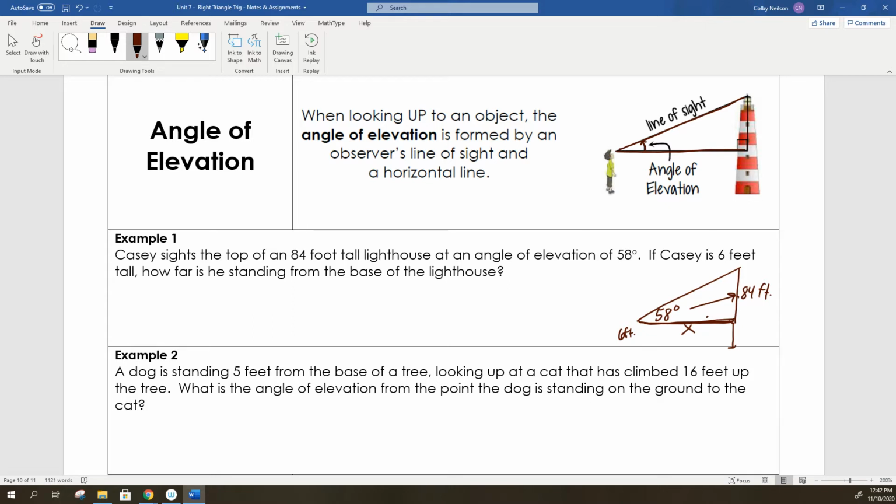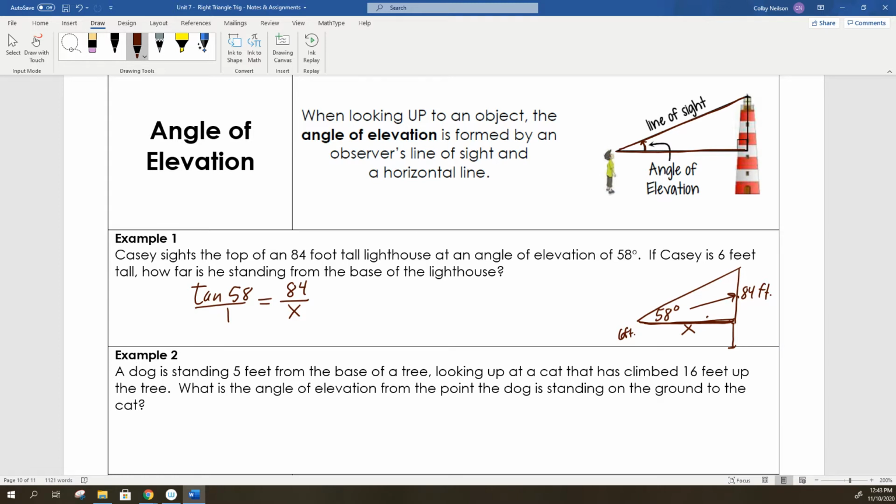Tangent, okay. So if I set it up, tangent of the angle, 58. And now since we have the angle, we're solving for a side. We set that up as a fraction, equals the side opposite, 84, over the adjacent side, which we're trying to find.